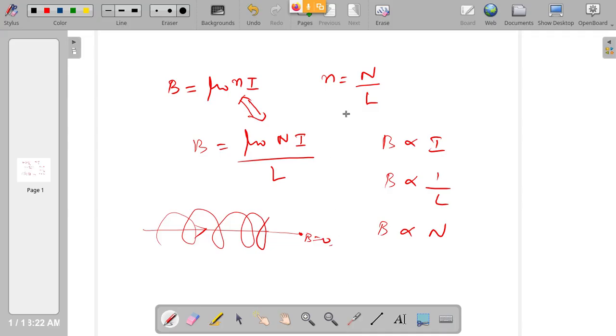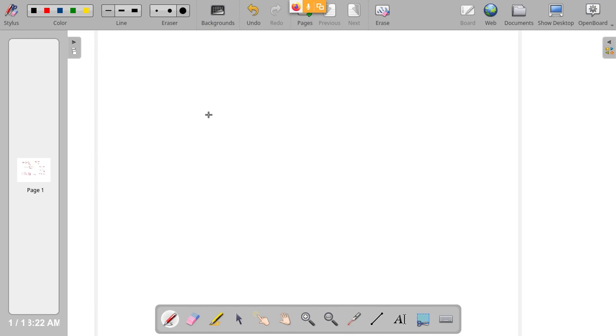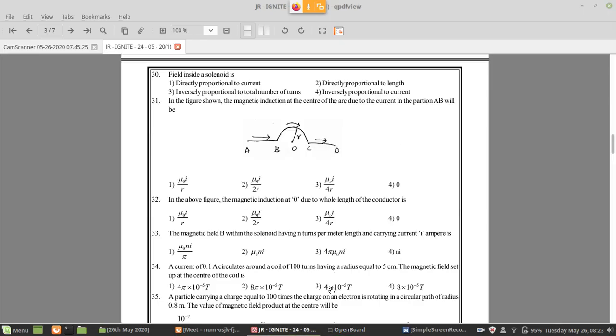So for that portion B is equal to mu naught I by 4 pi r into semicircle, right? So pi, and pi cancels. So effectively we have mu naught I by 4r. This is the answer for that. It is given as mu naught I by 4r in choice 3. So choice 3 is the correct one.